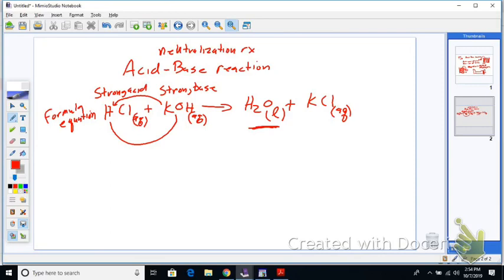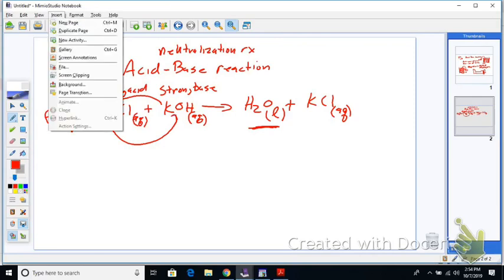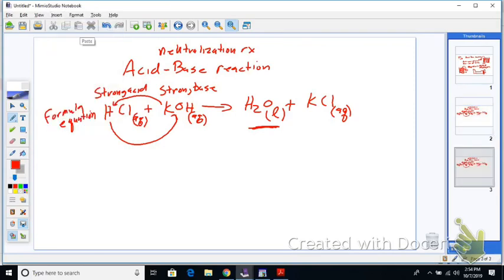I'm going to clean this up a little bit. I'm not going to have the arrows going where they show the double switch. I'm going to duplicate that so I can erase this little bit here. We're going to have 3 parts to this just like we did with precipitate.